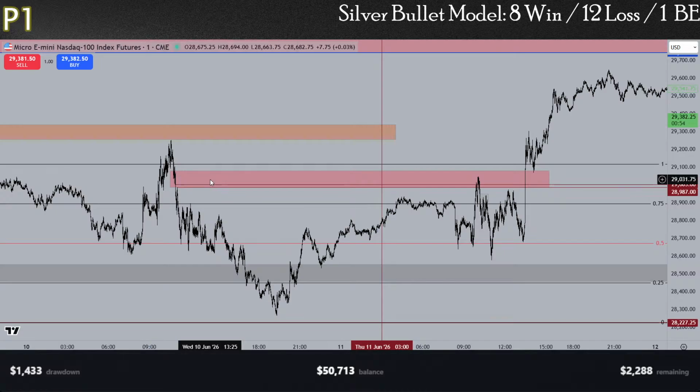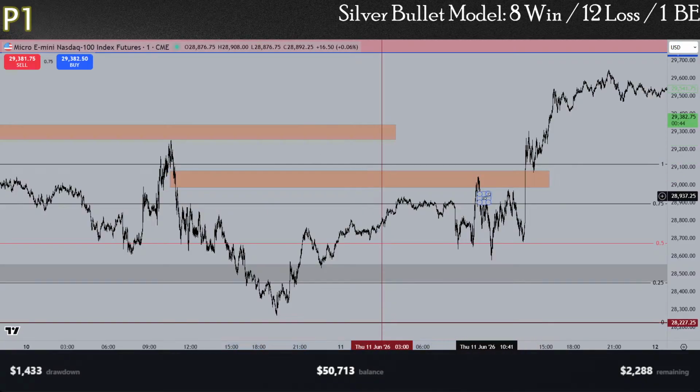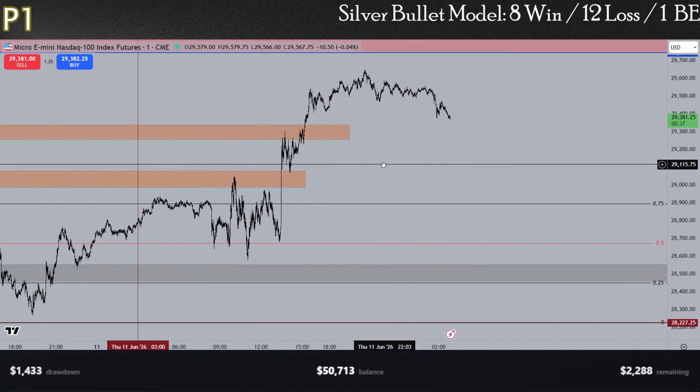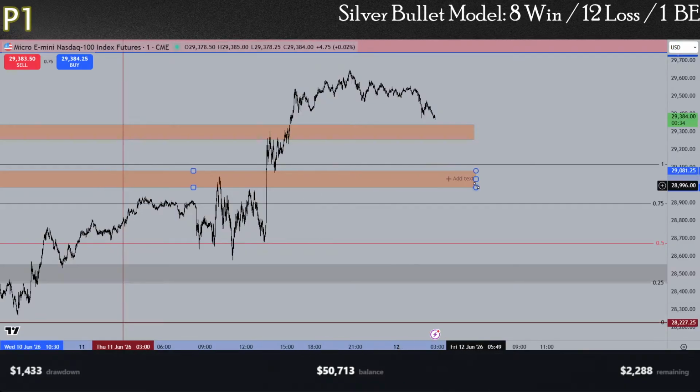The draw on liquidity was reached yesterday. This was used. Right.